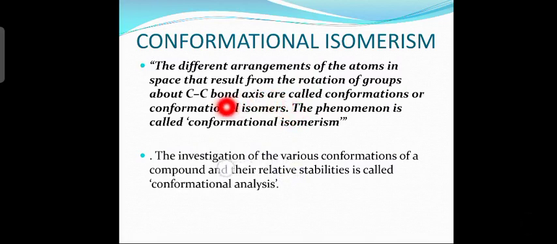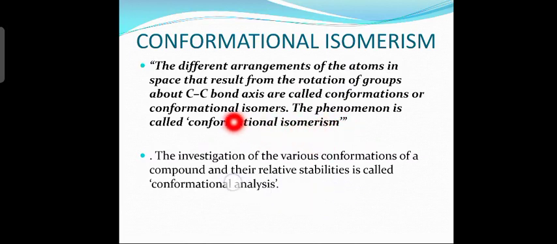When you rotate any molecule about the carbon-carbon bond axis, different arrangements are possible. You can rotate to any extent, so different spatial arrangements are possible. That is called conformation, and the isomers are called conformational isomers. The phenomenon is called conformational isomerism.